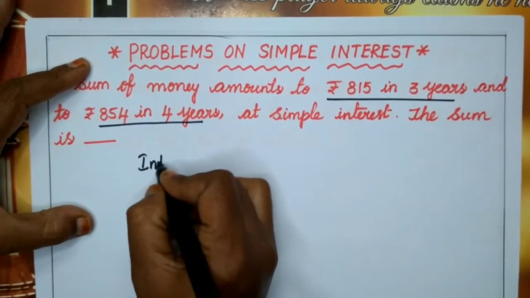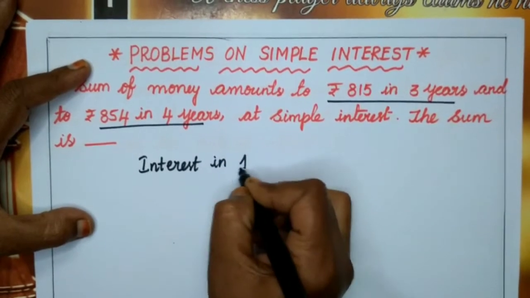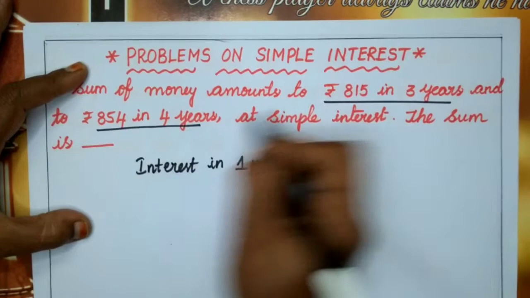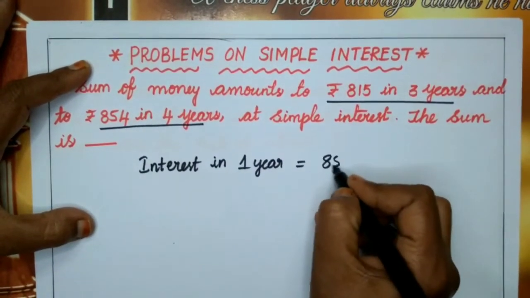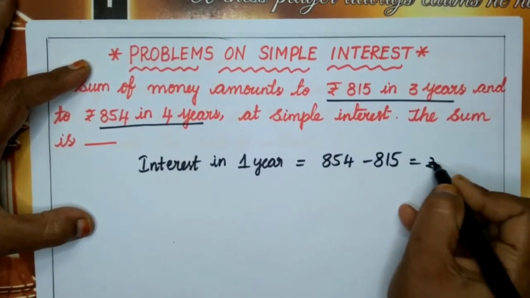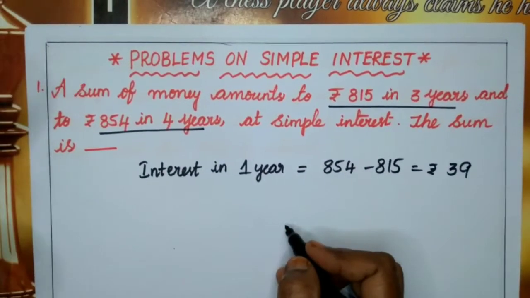Why are we calculating for 1 year? Because the difference between these 2 years is 1 year only. So in 1 year it is 854 minus 815, which is rupees 39. So in 1 year the interest is 39.